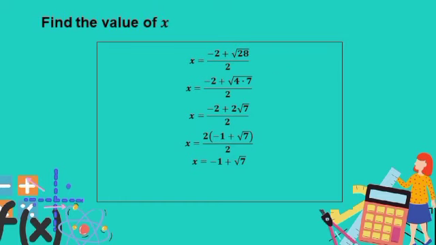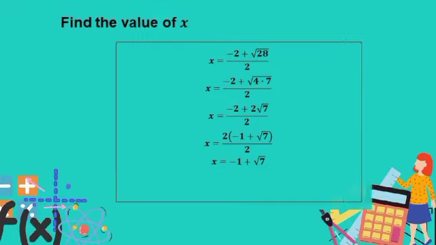We all know that 28 is not a perfect square, so we will find a factor that has a perfect square, which is 4 times 7. So we obtain negative 2 plus 2 square root of 7, where 2 is the square root of 4, all over 2, and divide it by 2. So we obtain negative 1 plus square root of 7.